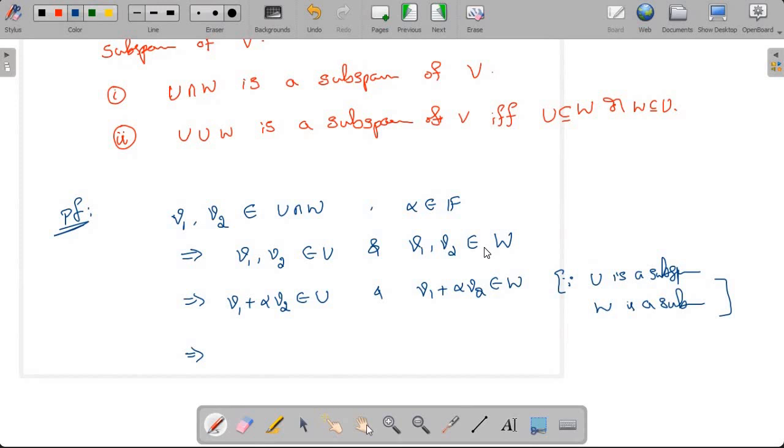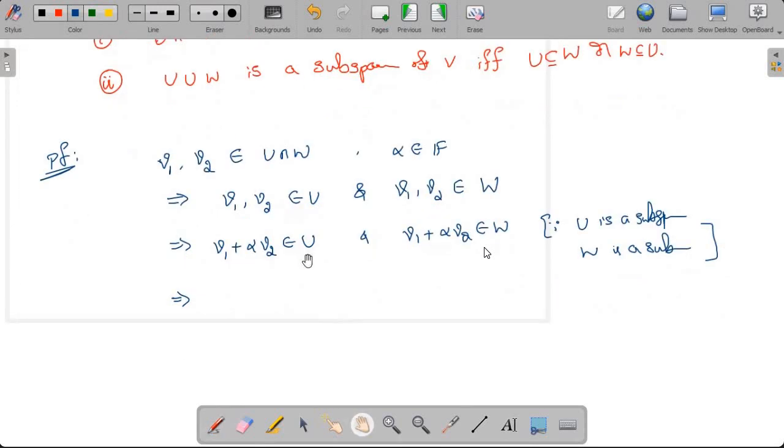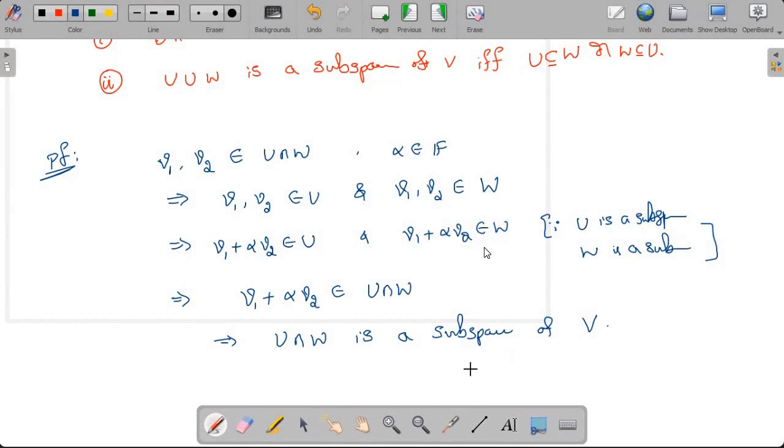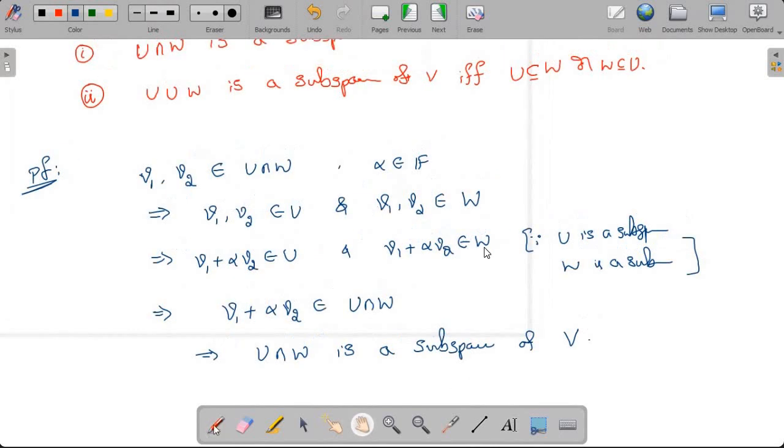Now you can see that this element V1 plus alpha V2, which is present in both sets, it means it is present in the intersection. That is V1 plus alpha V2 belongs to U intersection W. So if V1 plus alpha V2 is there in this intersection, we can conclude that this U intersection W is a subspace of V. That's it. Over the same field. Okay. So we are done with the first one.